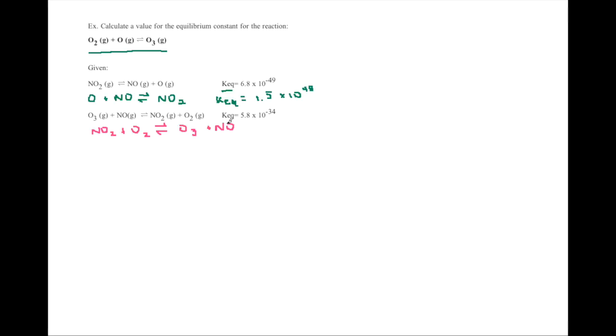And so when I calculate that, what I end up getting is 1.7 times 10 to the 33rd.